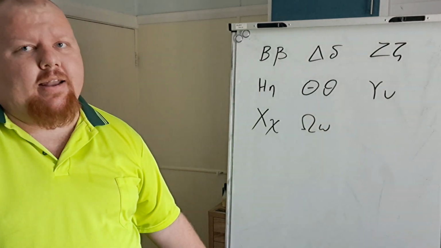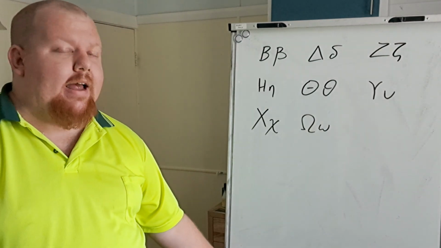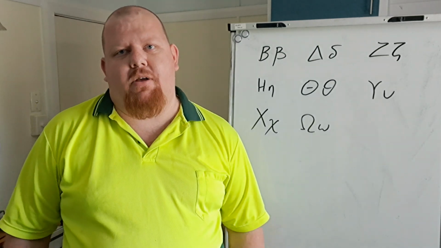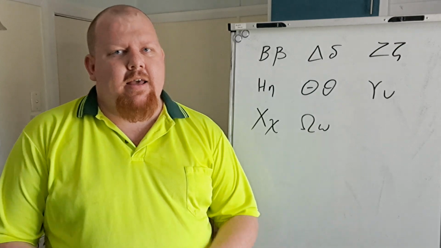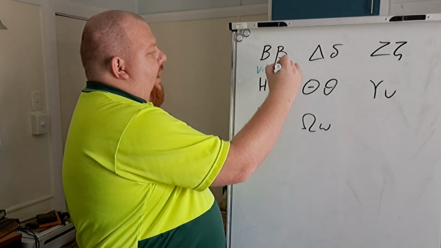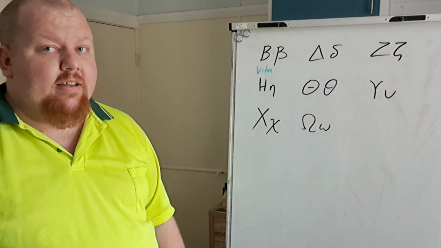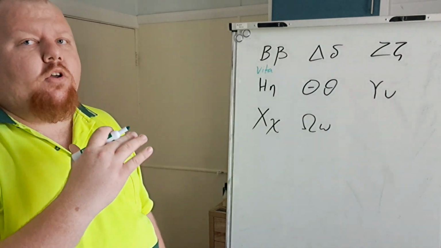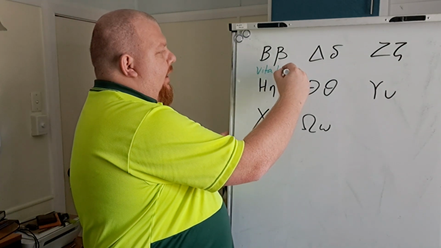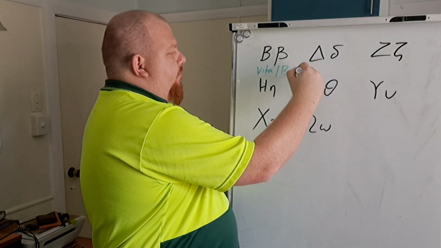So talking about letters, the first letter we're going to be looking at is Vita. Now, I pronounce it with a V sound because that's how it's pronounced in modern Greek. And I wrote it V-I-T-A, Vita. If you're using Erasmian Greek, the name of the letter is Beta.